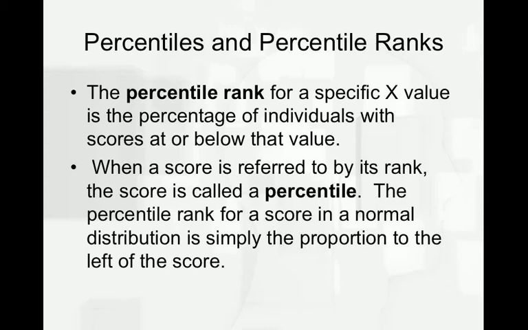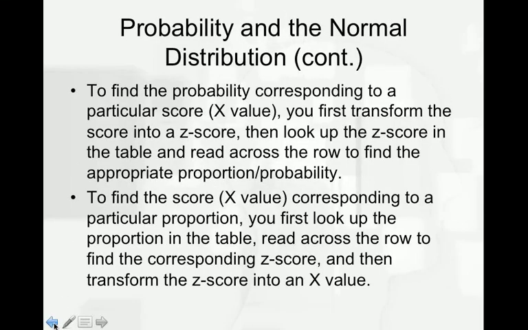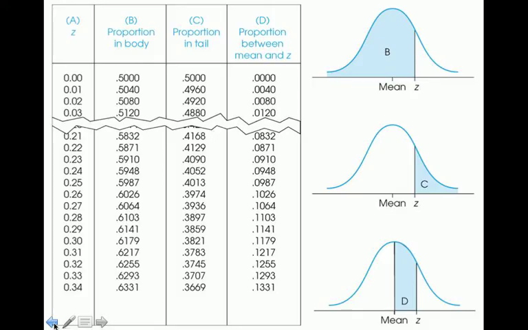We talked earlier, I think it was Chapter 2, about percentile ranks. When you're looking at a normal curve table, the percentile is the proportion of people to your left. So let's go back a few slides to this one right here.